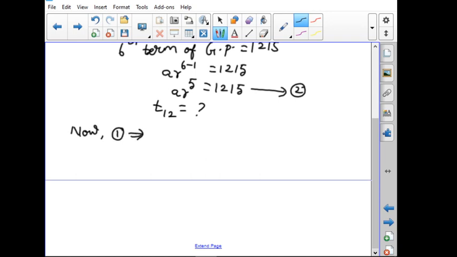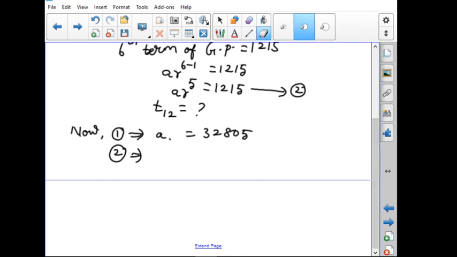Equation 1 is A R power 8 equal to 32,805.